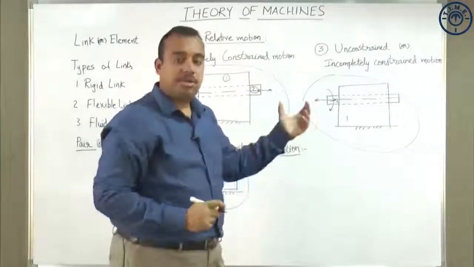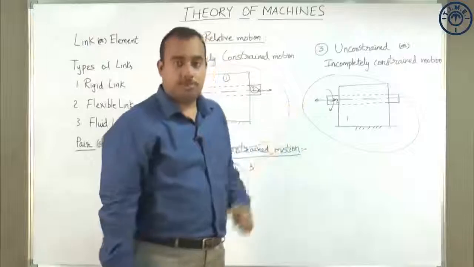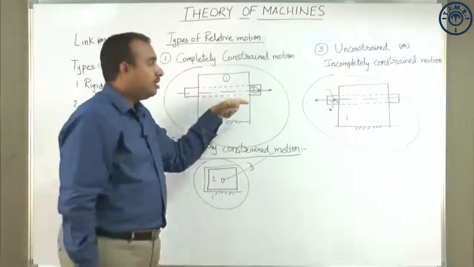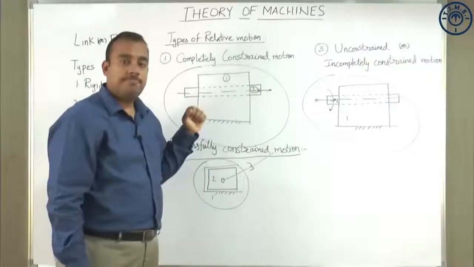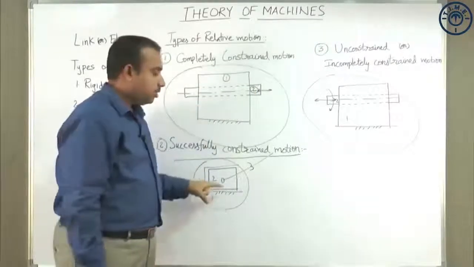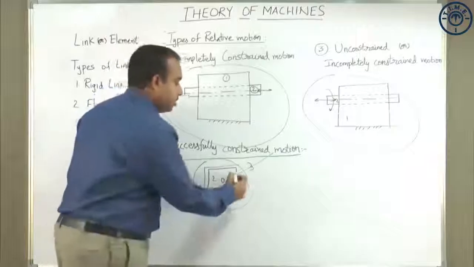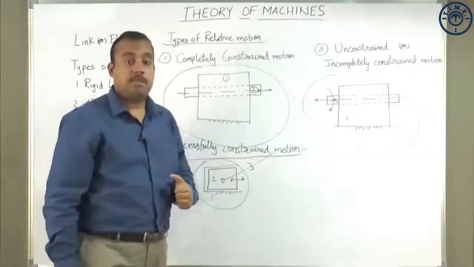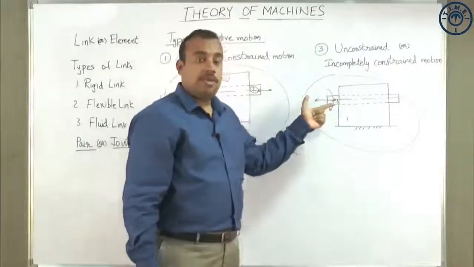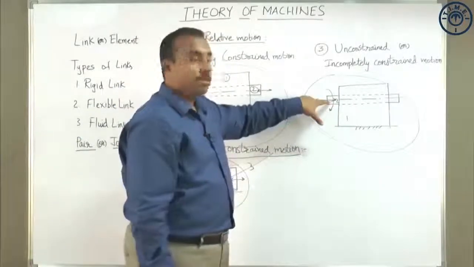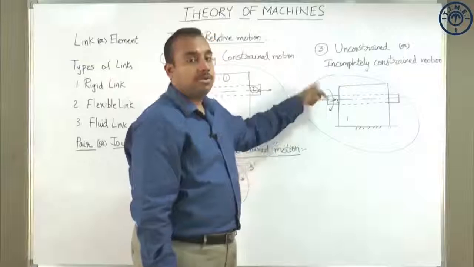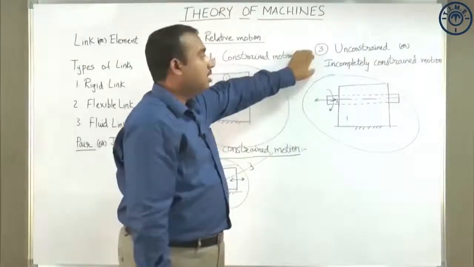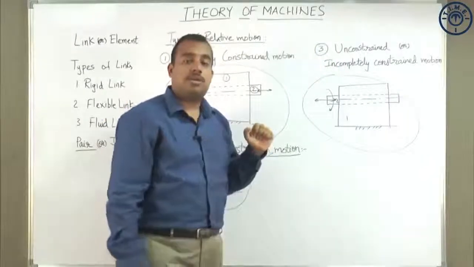That is an unconstrained motion or incompletely constrained motion. In completely constrained motion, we can see that there is only translation present here. In successfully constrained motion also, we are seeing that there is only translation or reciprocation of the piston, but here we are seeing that the shaft is not only reciprocating, but also it rotates inside the circular hole. So, this is unconstrained or incompletely constrained motion.